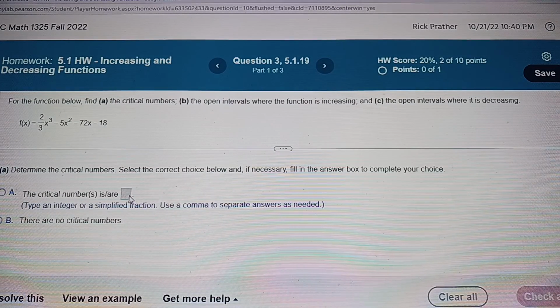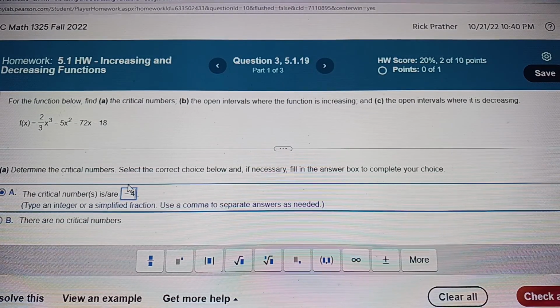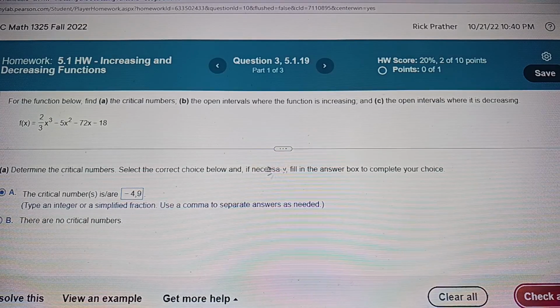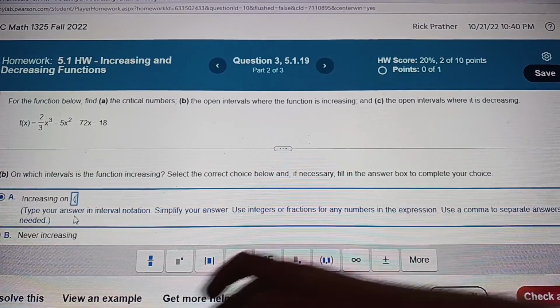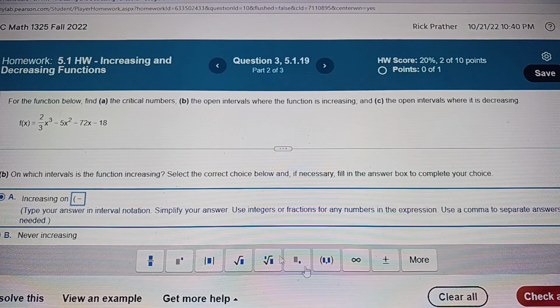Okay, so the critical numbers were -4 and 9. And you just put a comma to separate them. It was increasing from -infinity until -4. And then there was another one from 9 to infinity.